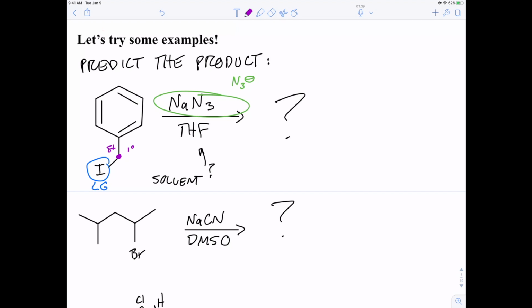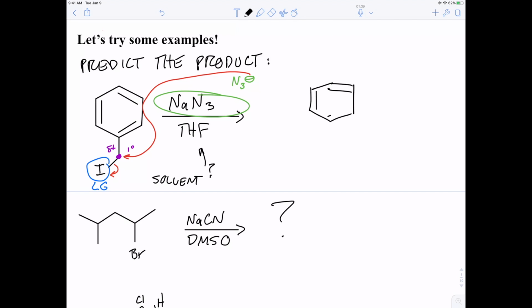And now I'm going to draw in here with red our arrows, because it's always good to practice your reaction arrow pushing. We're going to have the N3 come in from here, attack this carbon, and that is going to force the bond between our carbon and our leaving group to break and force our leaving group out. So now we can draw the product here, where nothing has changed about this benzene ring. It's just hanging out there.